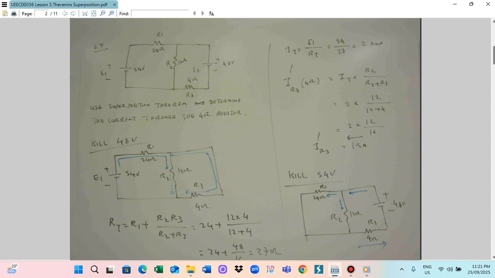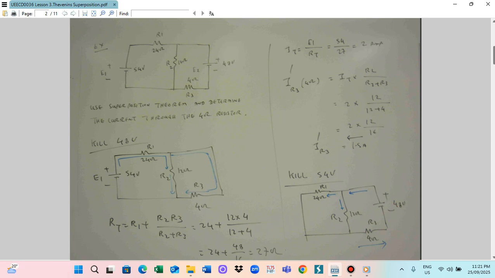We want to find the current in the 4 ohm resistance, IR3. It is I total multiplied by R2 divided by R2 plus R3. I total is 2, R2 is 12, R2 plus R3 is 12 plus 4. So 2 multiplied by 12 divided by 16 gives the current in the resistor: 1.5 ampere.